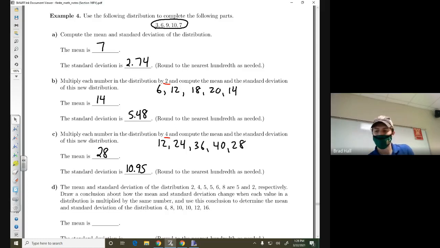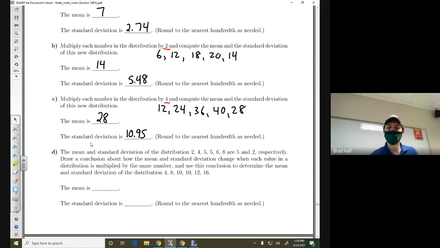And so that helps with part D because they do give you a data set, which you don't even have to type into the calculator. Because they tell you that the mean is 5 and the standard deviation is 2. What's the mean and standard deviation of that data set?